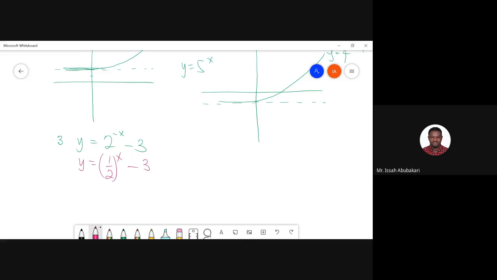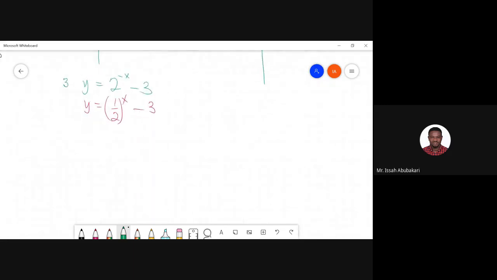With this, now we can plot our graph, right? We know this side to be decreasing. If it is decreasing and we take it out, we get the y asymptote to be minus 3. So now let's plot. We have our x-axis like this, and then y is equal to minus 3. So we have minus 1, minus 2, and minus 3.